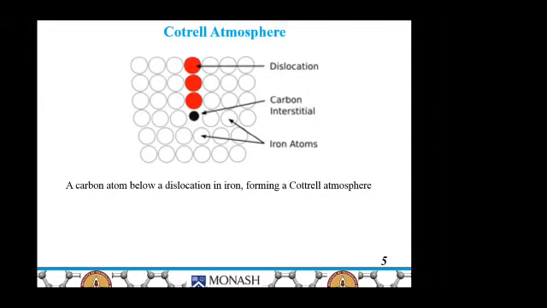So an extra force will be required for this dislocation to move and break this Cottrell atmosphere. This is called the Cottrell atmosphere, formed around the carbon interstitial atom below the positive edge dislocation.